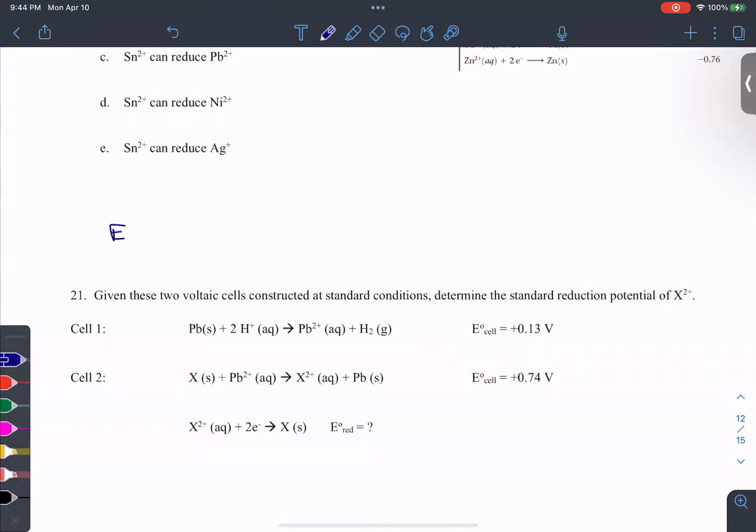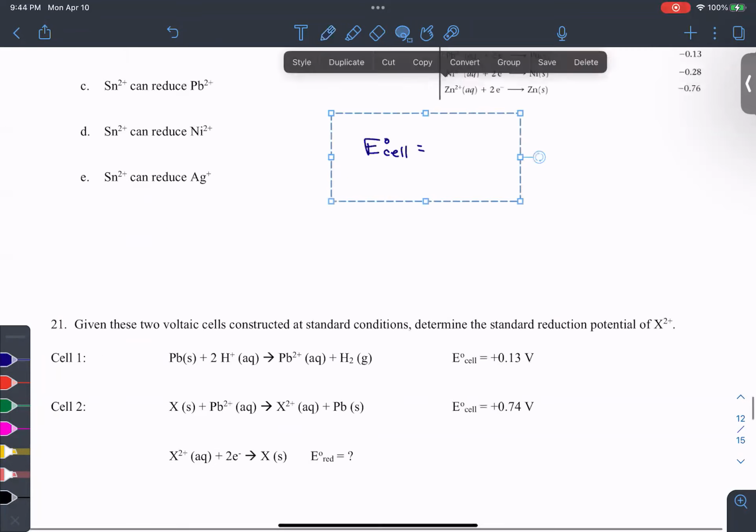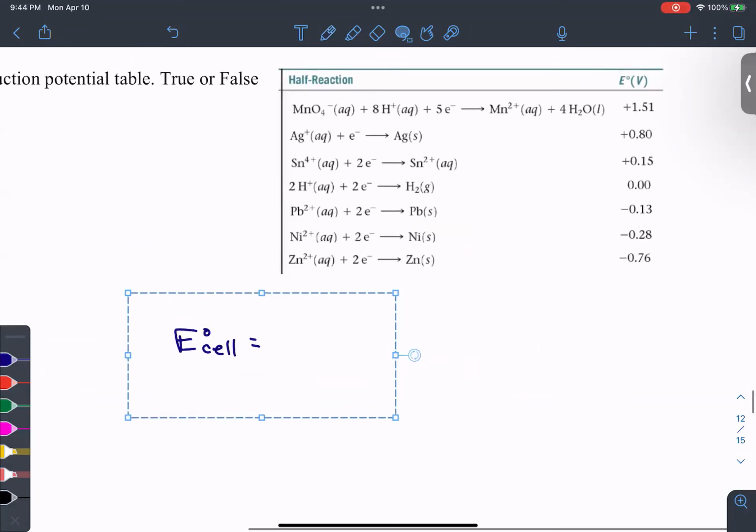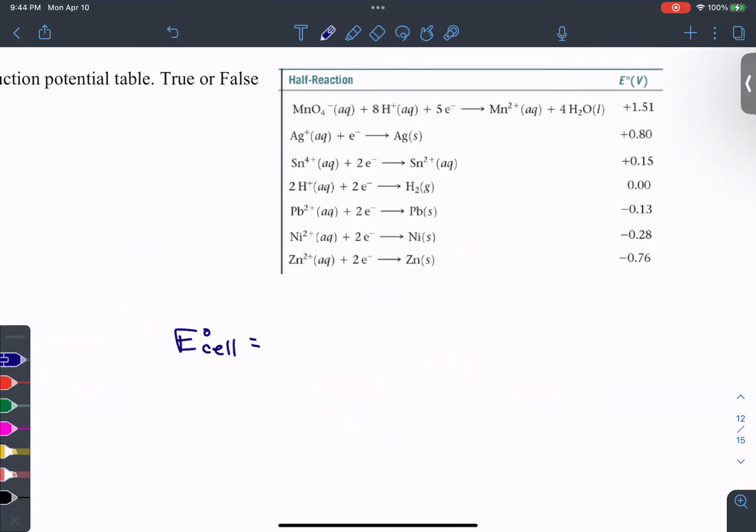The equation that I teach my students is that if you're given a bunch of standard cell potential half reactions, your standard cell potential is the reduction standard potential of your cathode minus the standard reduction potential of your anode.